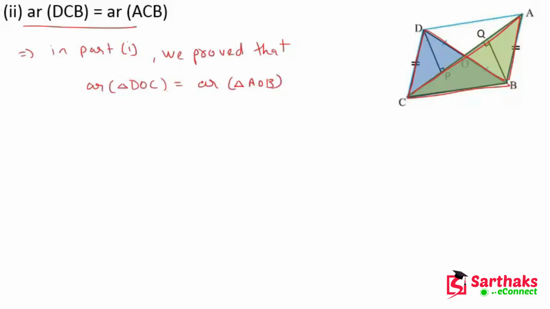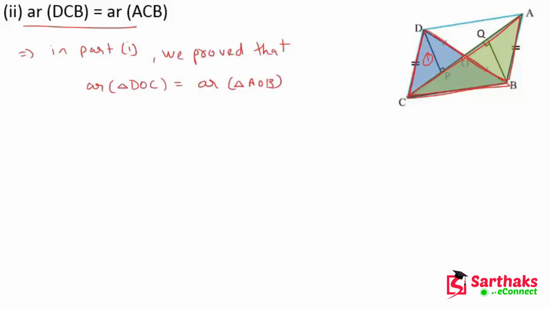If we add area of triangle OCB in this equation, then area of triangle DOC plus area of triangle OCB will become area of triangle DCB.